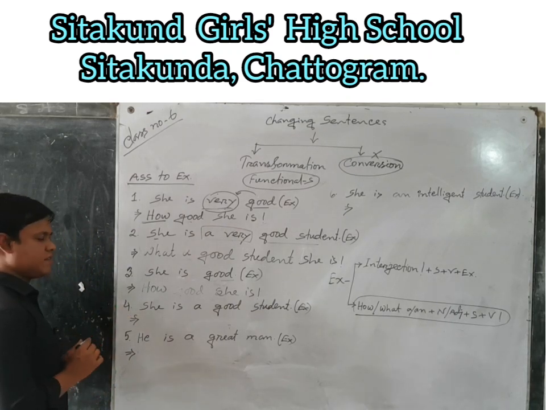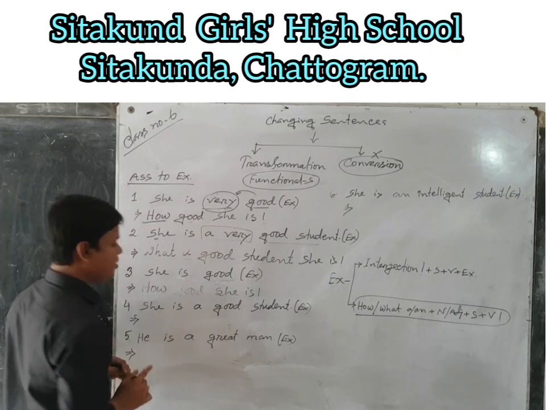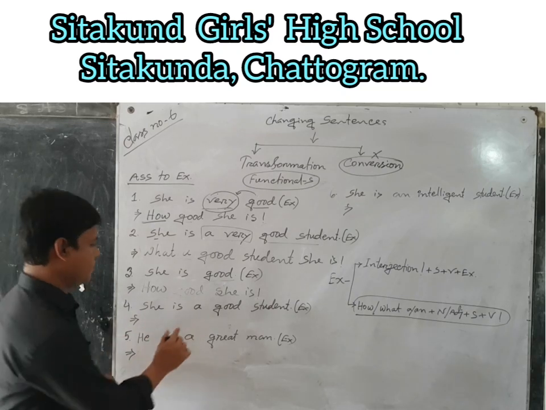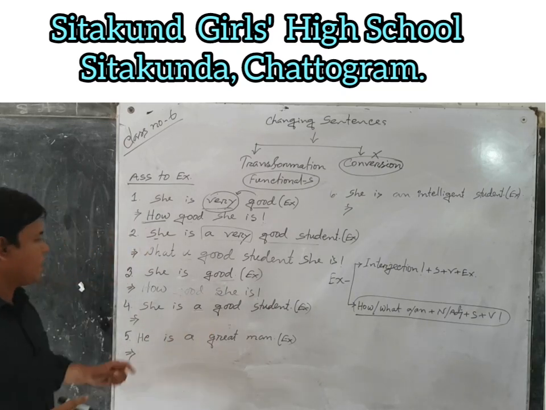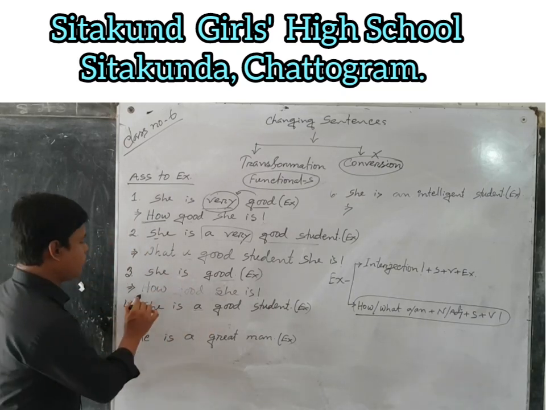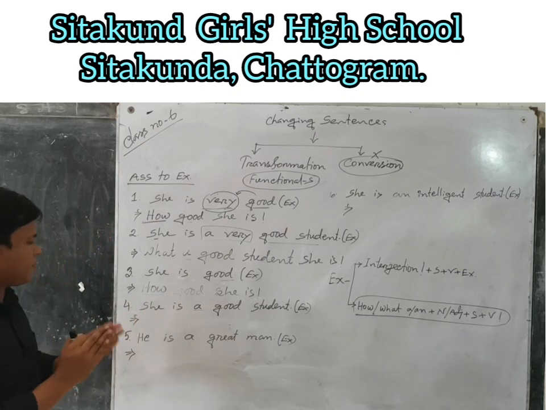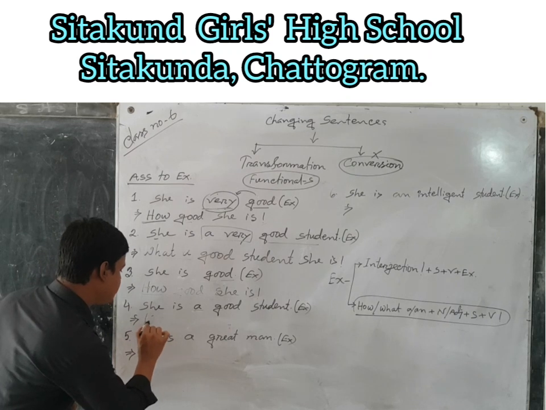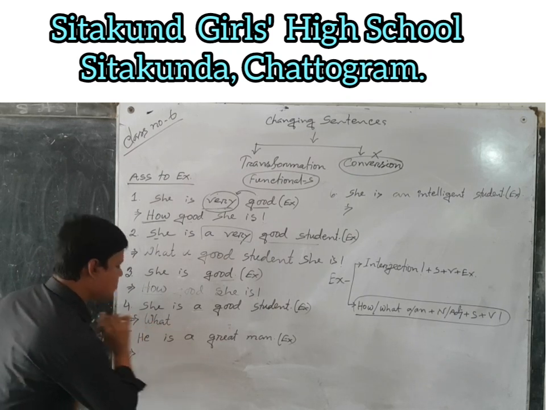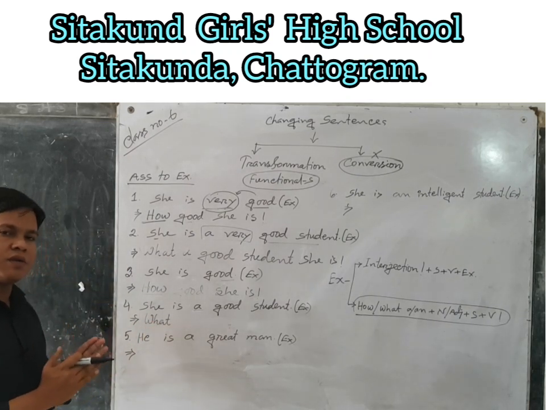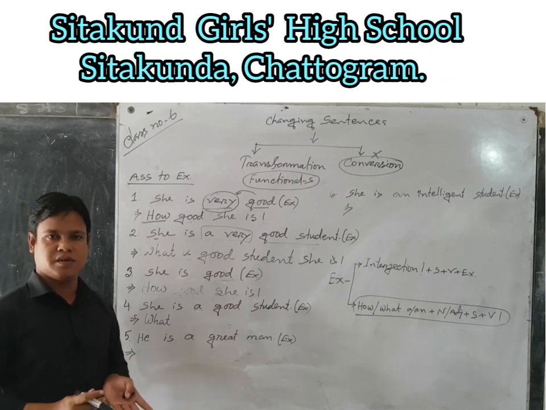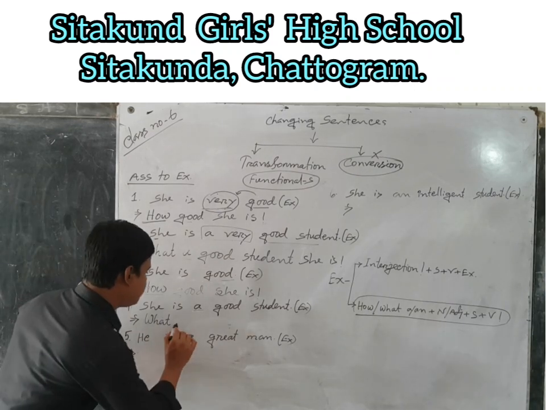In this sentence, there is no very, but there is an article. Dear students, if there is no article, then we have to use how, and if there is an article, then we have to use what. What is not used without an article, so we have to use the article.